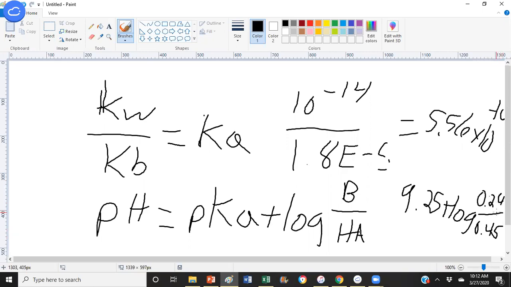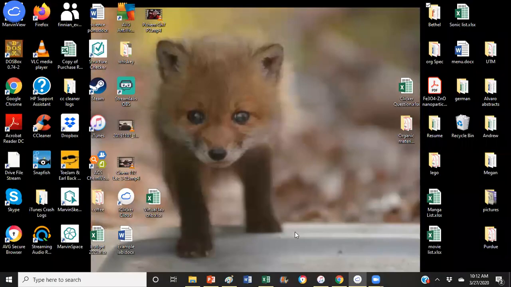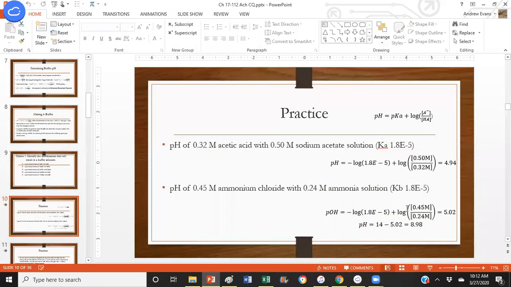So log of 0.24 over 0.45 is negative 0.27. Negative 0.27 plus 9.25 gives us 8.98 if you round it. If we look at this, what's our number? 8.98. So it doesn't matter which way we approach this.